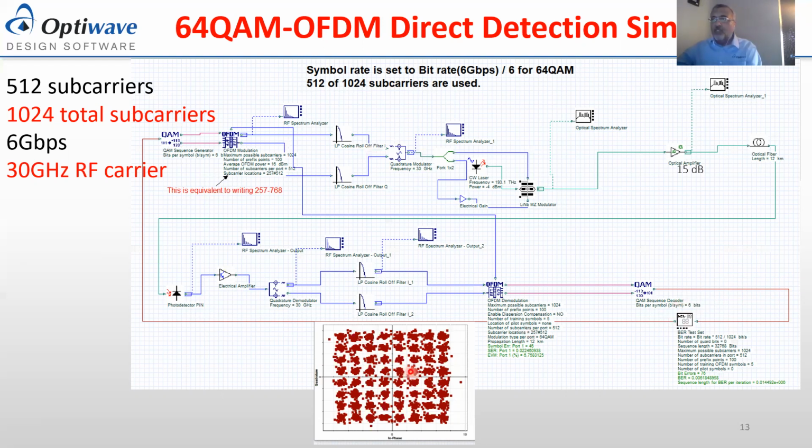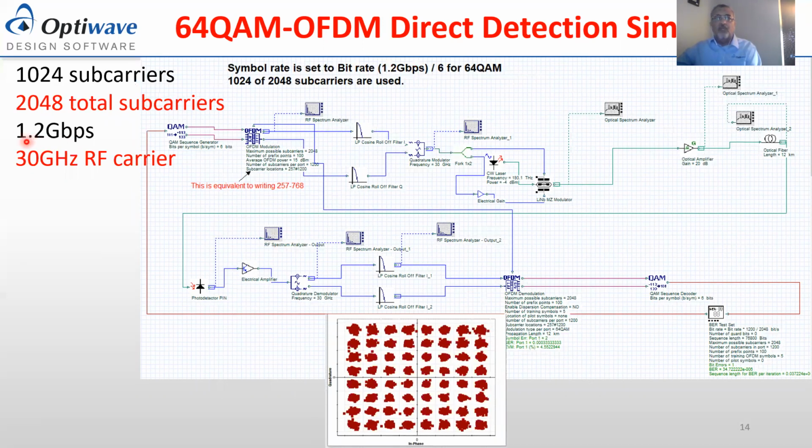This is the constellation of the system. In this scenario, there is about 6.7% EVM, error vector magnitude. Now, if I reduce the bit rate to about 1.2 gigabit per second in the system and carry it over 1024 subcarriers, the EVM improves. As you can see, the constellation is better, about 4.5% EVM.